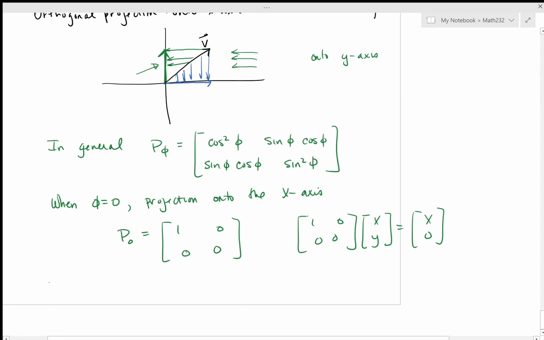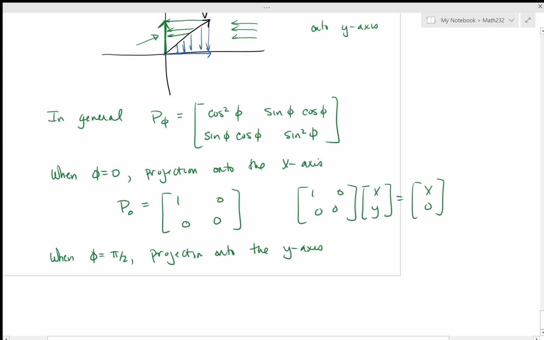Okay, similarly, when phi is pi by 2, we get projection onto the y-axis. And that matrix looks like this.